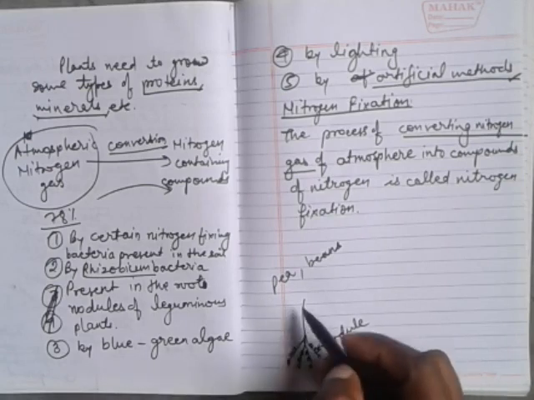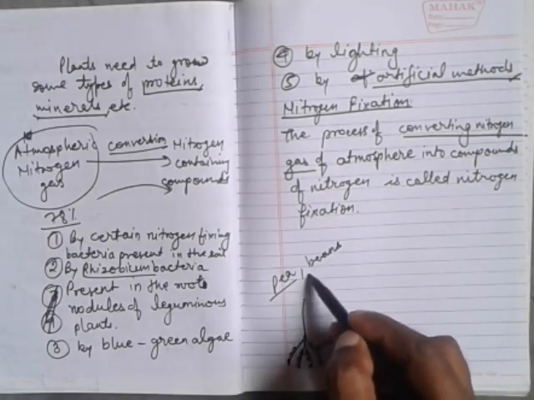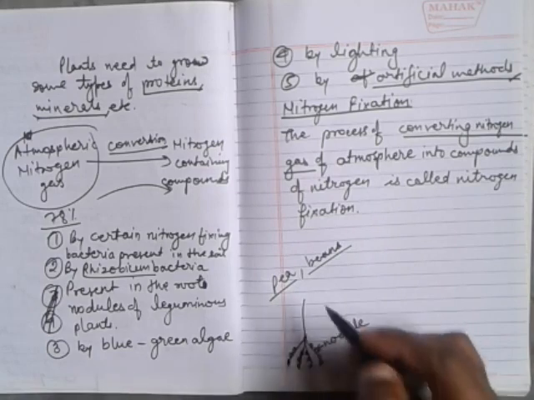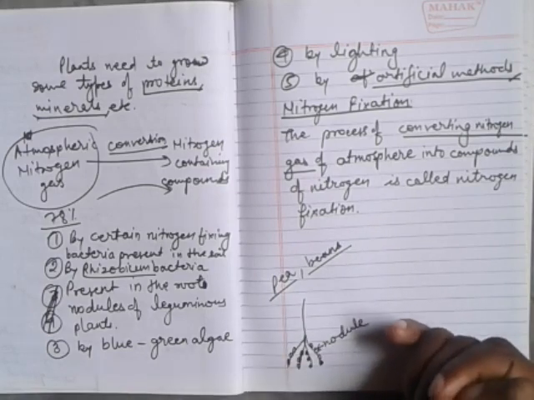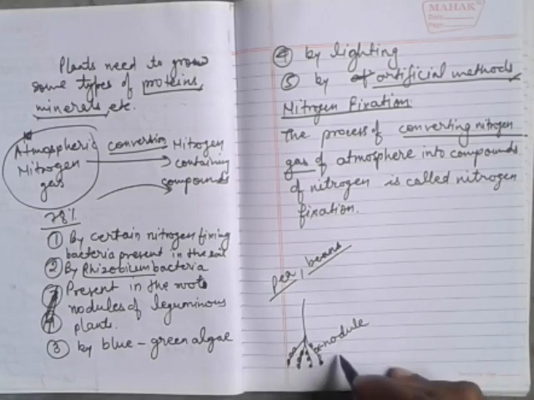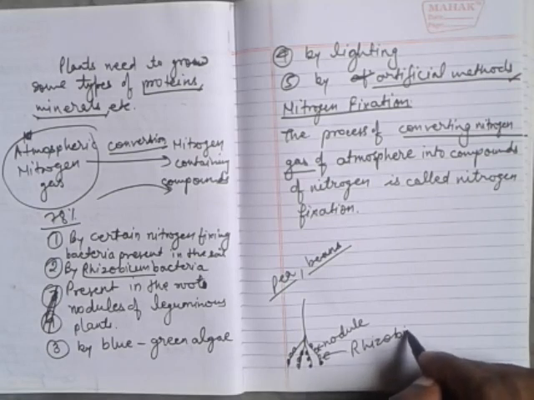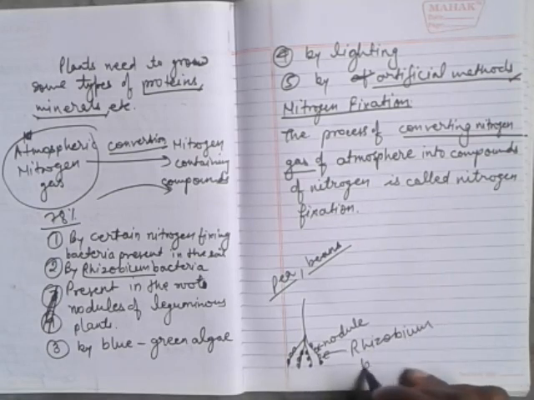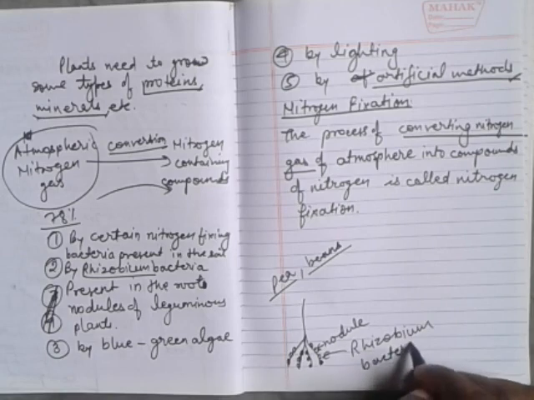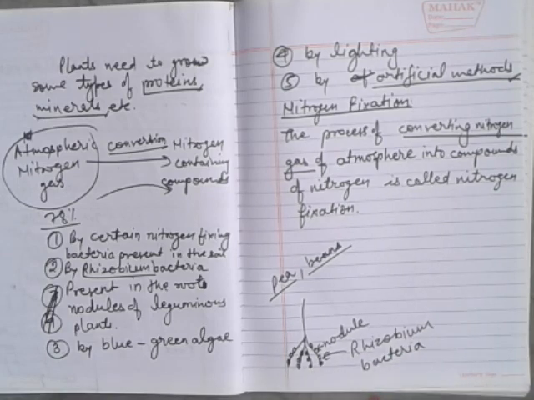These nodules are mainly found in pea, beans like plants, leguminous plants, and Rhizobium bacteria is present in the root nodules of these plants.